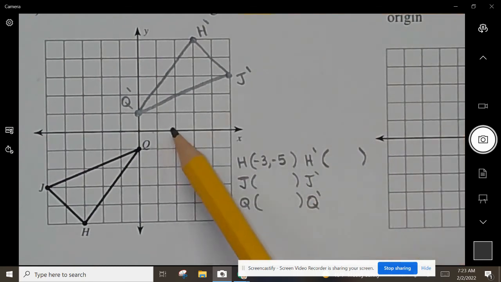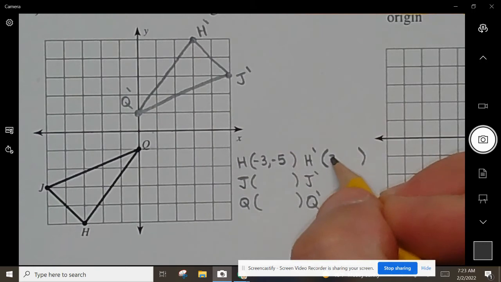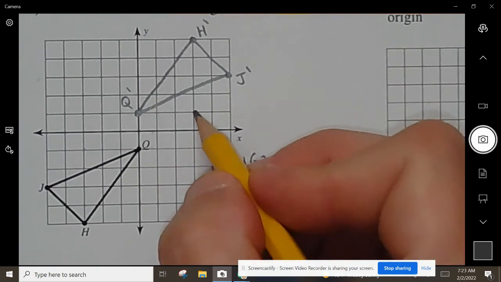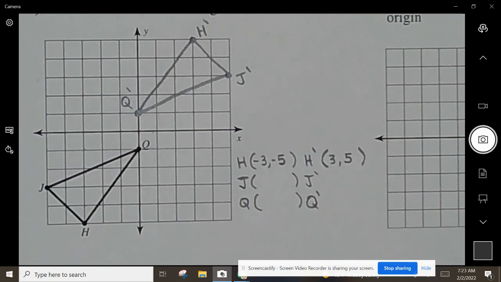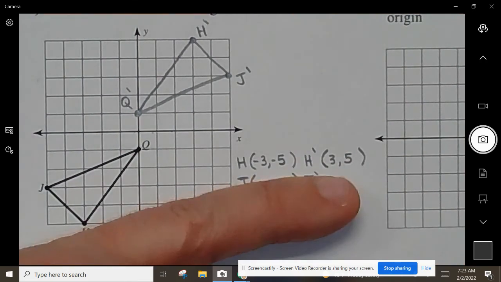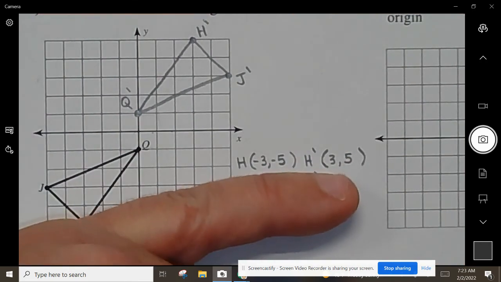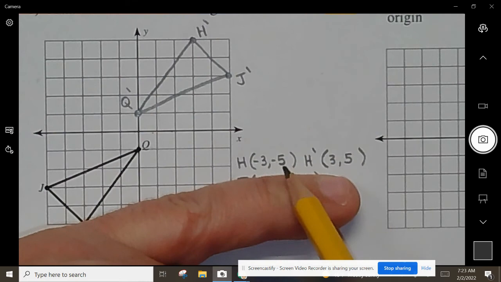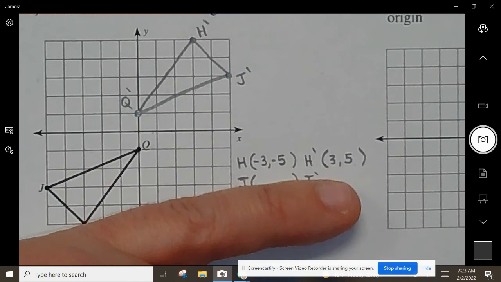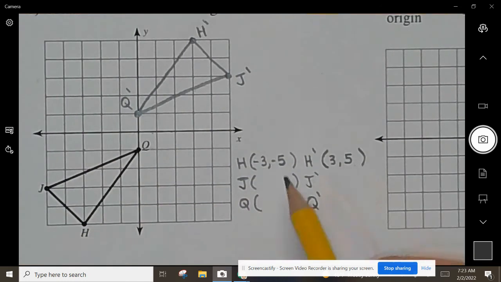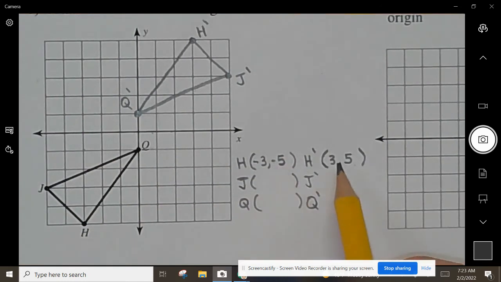Over 1, over 2, over 3, +3, and then up 1, 2, 3, 4, 5. All right, interesting. What kind of pattern do you see? -3, -5, +3, +5. Interesting. They just changed signs, didn't they? They went from negatives to positives.